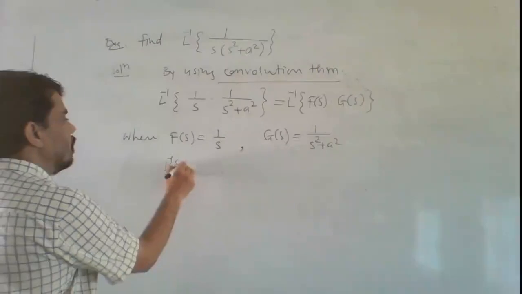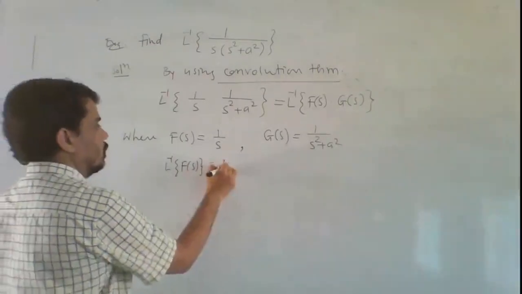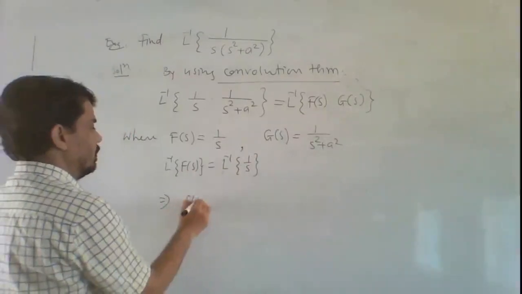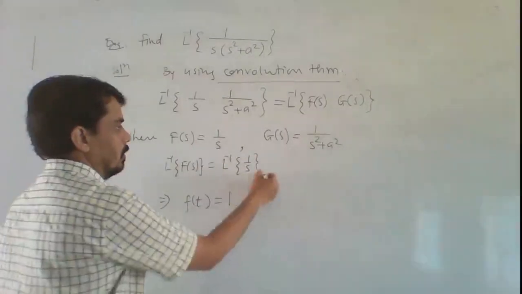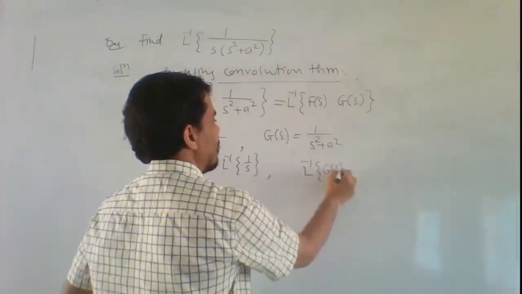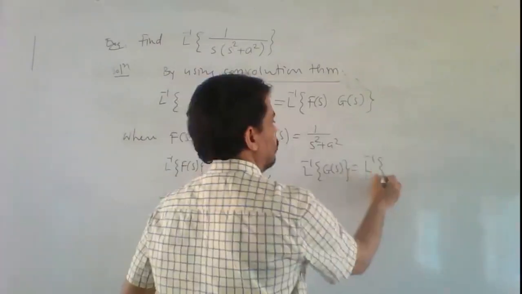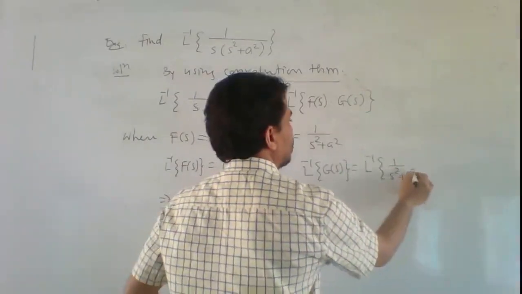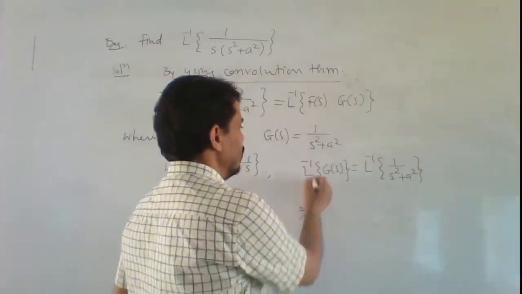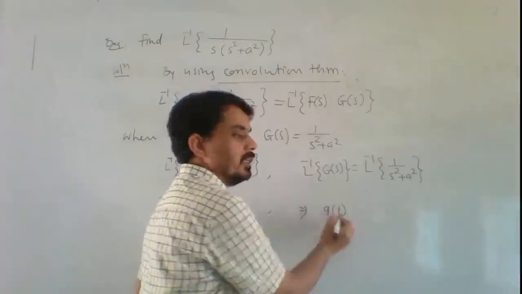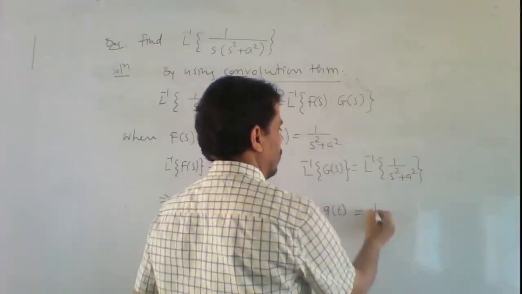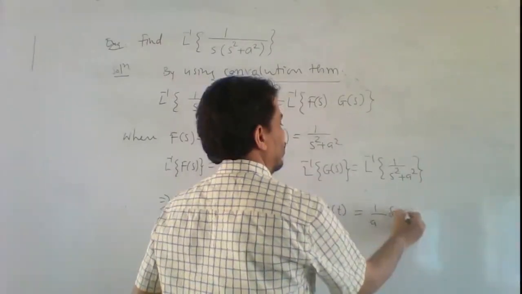L inverse of f of s equals L inverse of 1 by s, so f of t equals 1. L inverse of g of s equals L inverse of 1 upon s square plus a square, so g of t is 1 by a sin a t.